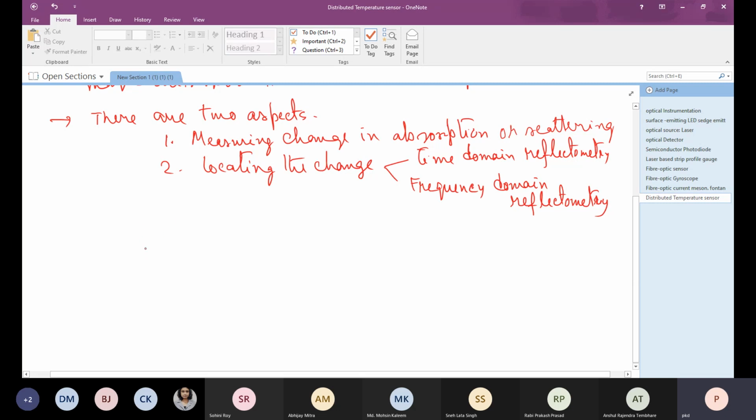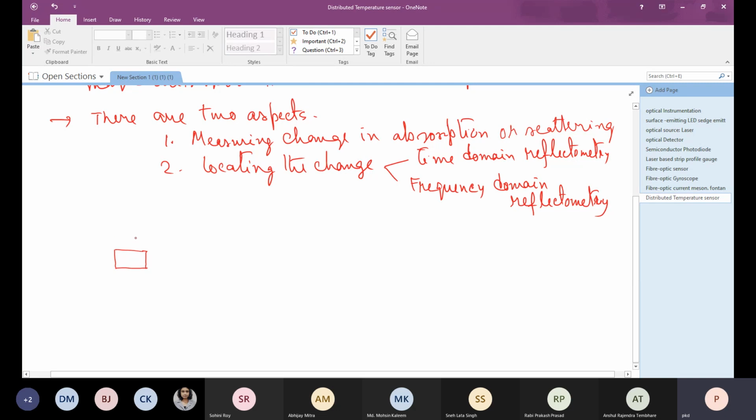So to localize the point of measurement, this is similar to the ultrasound ranging principle that we had discussed while discussing piezoelectric sensor.